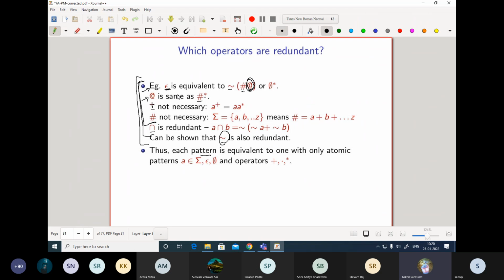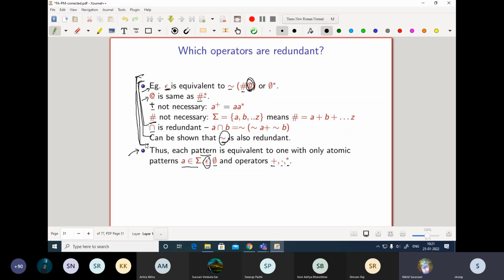Once the proof can be seen, you can show that each pattern is equivalent to one which only contains atomic patterns, epsilon, the empty symbol, and operators plus, concatenation and star. In fact, this epsilon is also not required.